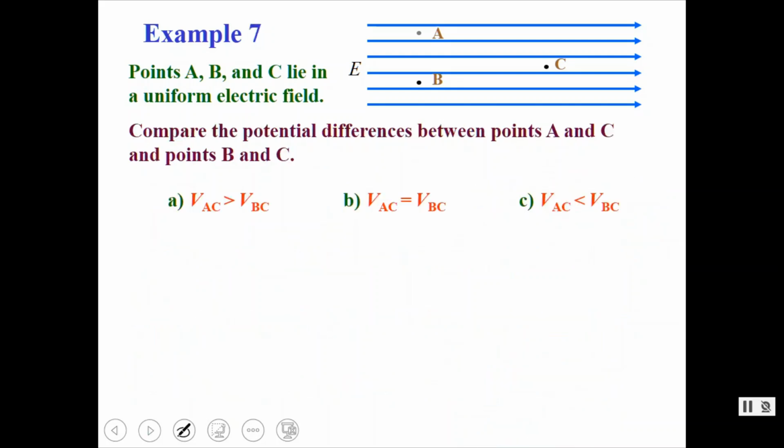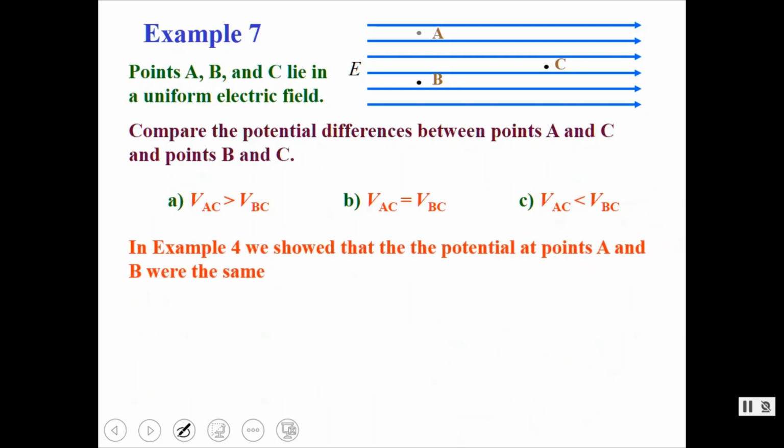All right, here's another one. Compare the potential differences between A and C and B and C. So since the potential at A and B are the same, and we know that C is at a lower potential, there is a difference in potential.